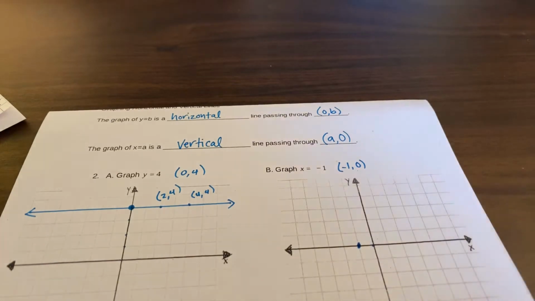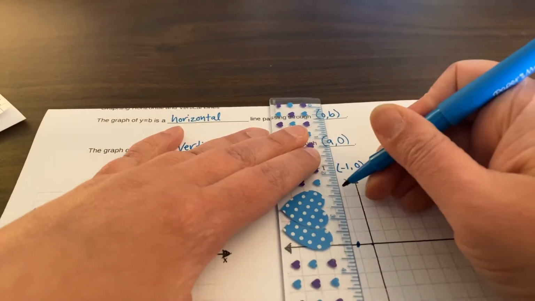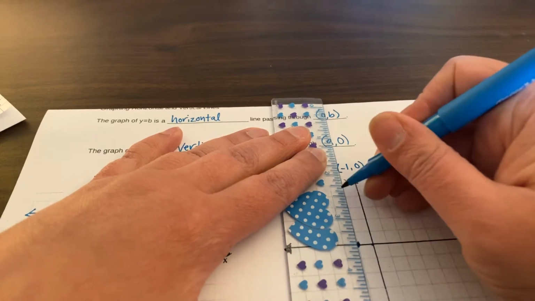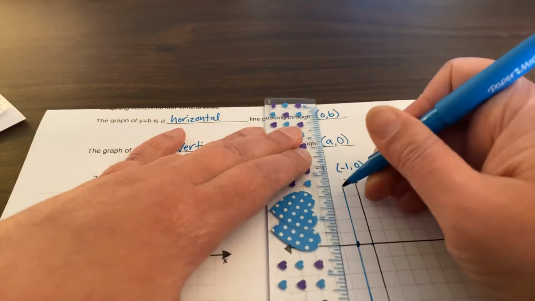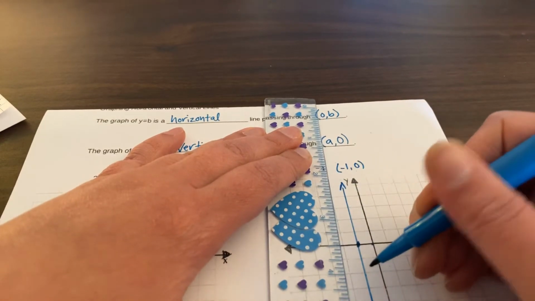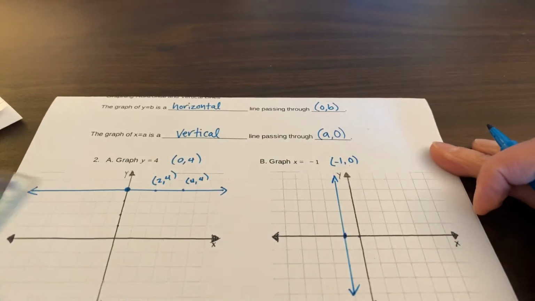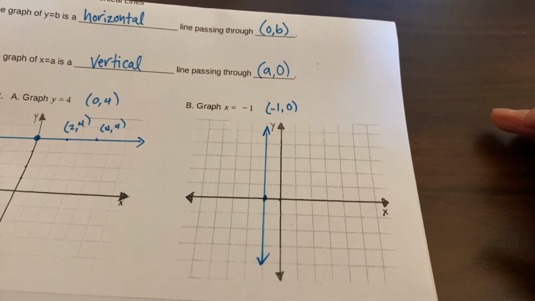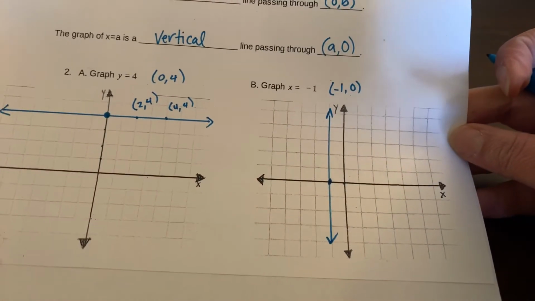And then we draw a vertical line through that point. Extend it there. There's our vertical line, x equals -1.